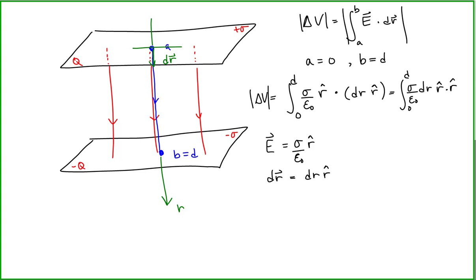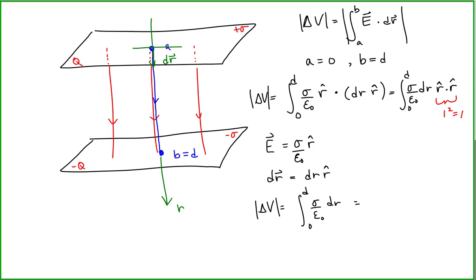Now remember, a unit vector has a magnitude of 1, and the dot product of a unit vector with itself is equal to the magnitude of that vector squared. So the magnitude of 1 squared is just 1, and now we have the change in electric potential between the 2 points is equal to the integral from 0 to d of sigma over epsilon naught dr.